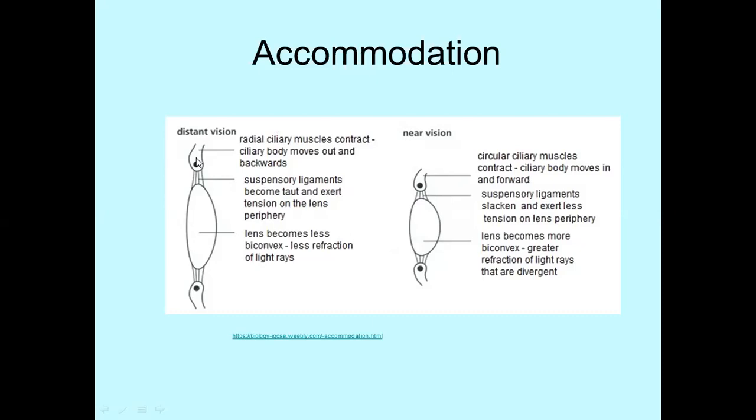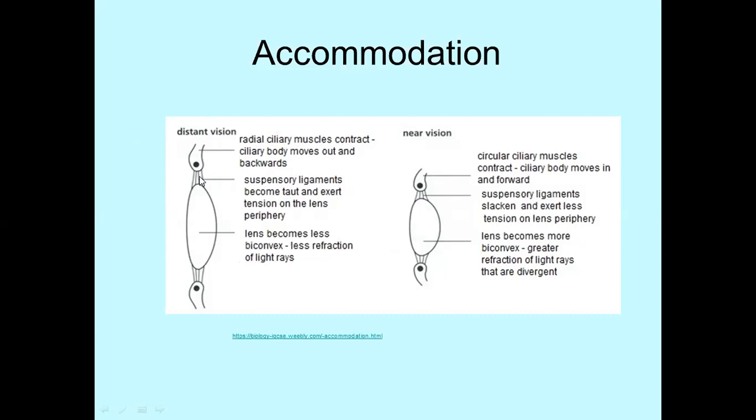The circular ciliary muscles relax and the radials contract. The ciliary body moves outwards. Look, it's moved outwards compared to the picture on the right-hand side. And it in fact moves backwards.